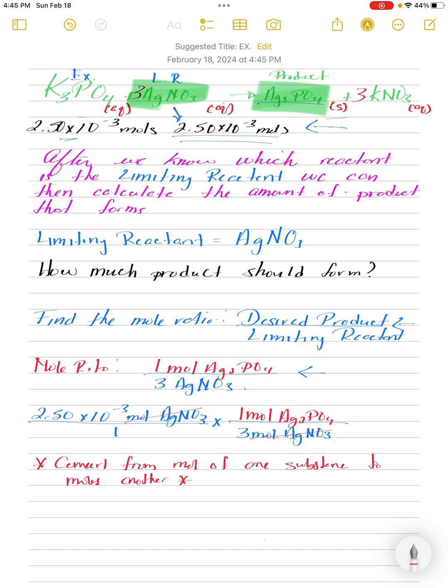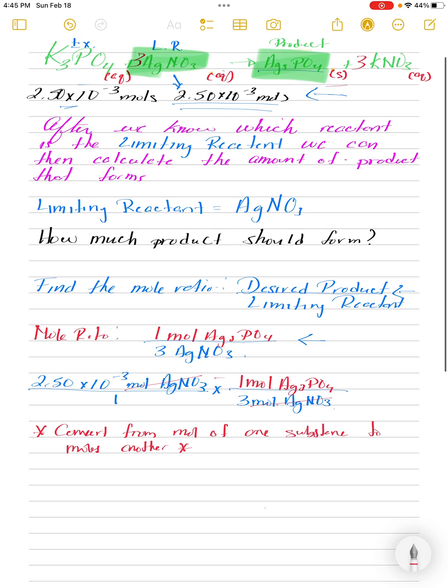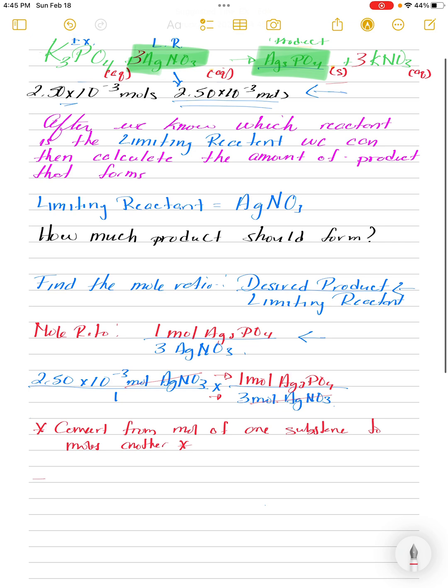All right, so if we multiply everything straight across, then I want to start down here with 2.50 times 10 to the negative 3 moles of silver phosphate, because remember it's just times 1. And then I'm going to put that over just 3. Remember, it's just 3 now because the units got canceled.